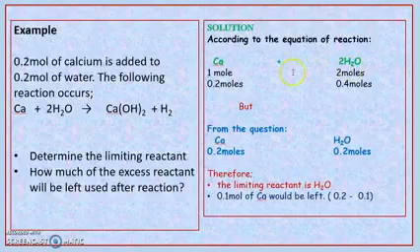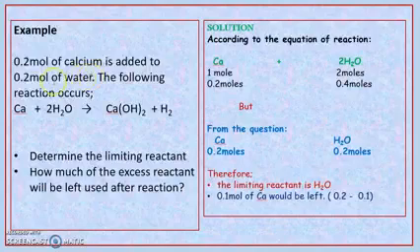So it's twice the quantity of calcium. Since we have 0.2 moles of calcium, what we need is twice this for water, which is 0.4 moles of water, because 0.2 times 2 is 0.4 moles.